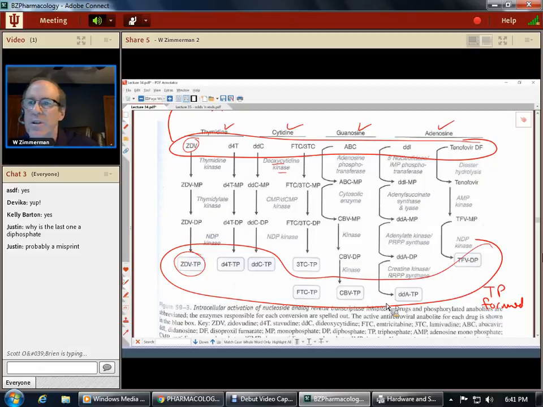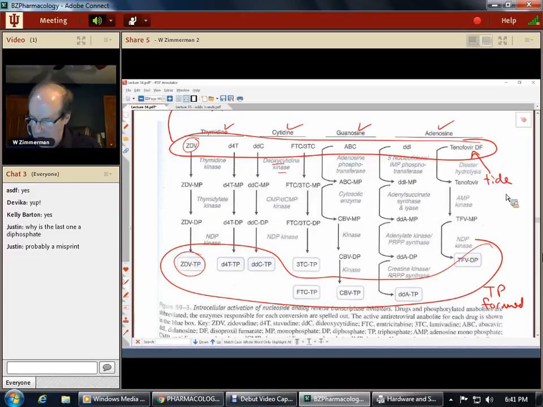Yeah, that was the nucleotide. It already had a phosphate group in it. The tenofovir did. So there is actually 3 phosphates in there. There are 2 phosphate steps, but you started with a nucleotide, not a nucleoside. So no, it's not a misprint. That's correct. This is the nucleotide, and it has a phosphate group.